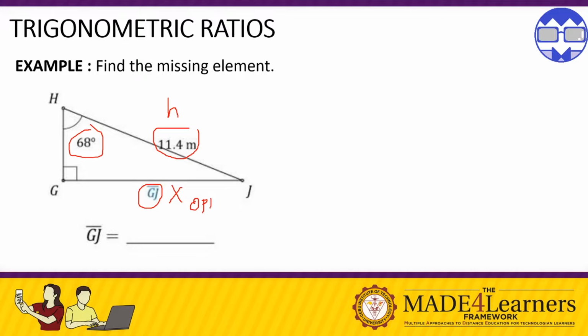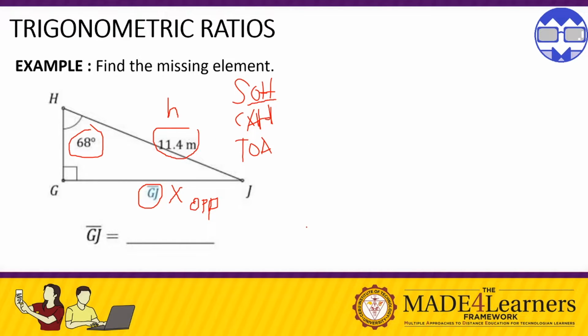Using our knowledge of the ratios, try to think of a ratio which uses opposite and hypotenuse. Let's go back to the basic SOHCAHTOA. It's very obvious that we have SO, which is sine equals opposite over hypotenuse, which uses these two elements.